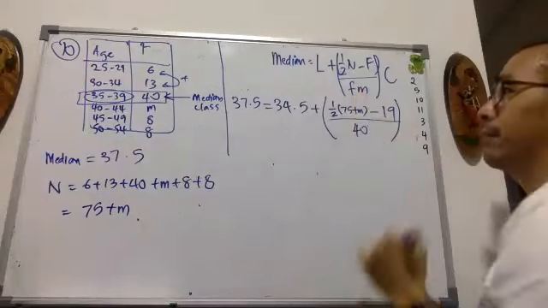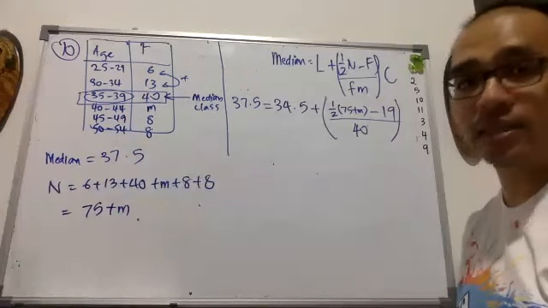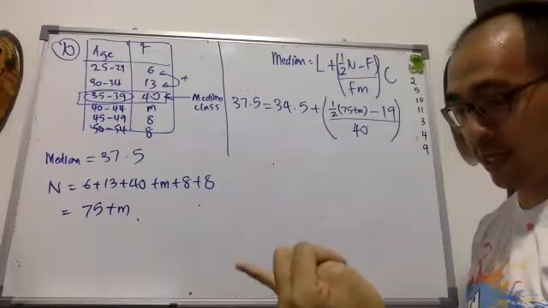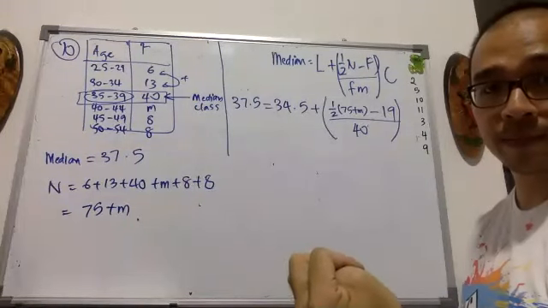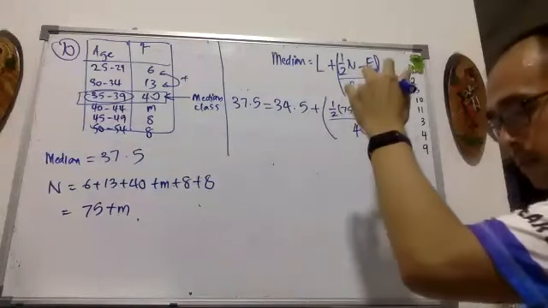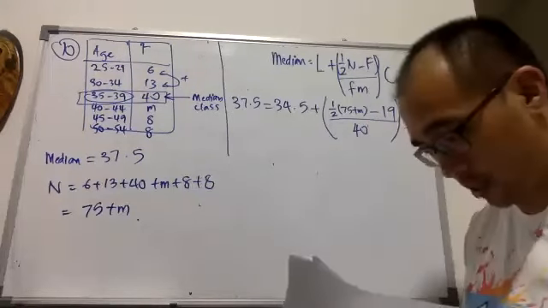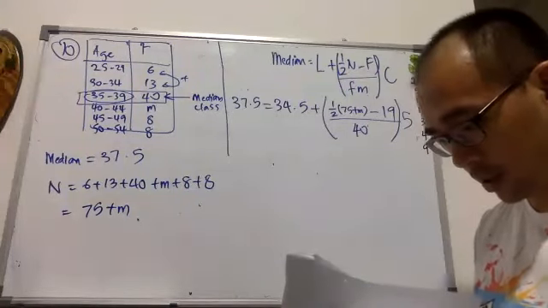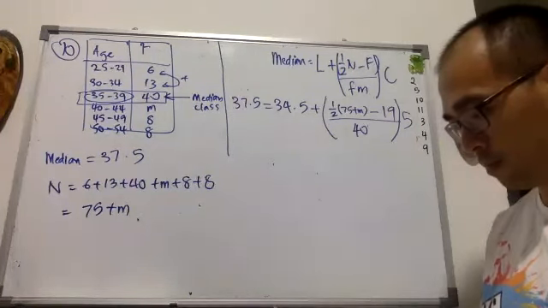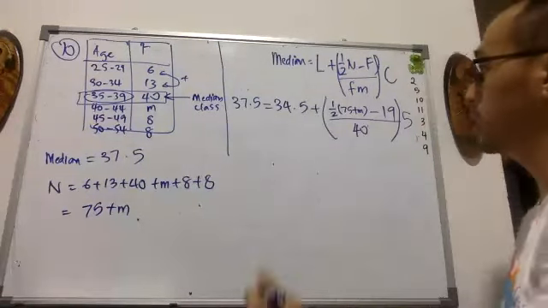Multiplied by C, the size of the class, which is the easiest thing: 35, 36, 37, 38, 39, which is 5. Hold on, did I copy the question wrongly? No, I didn't. I think maybe the answer in the scheme is wrong, but never mind.